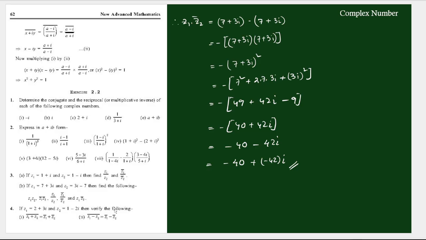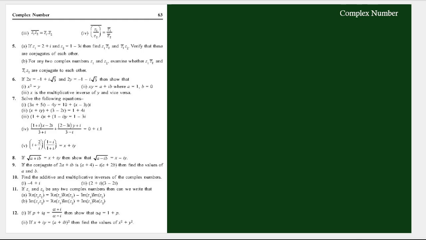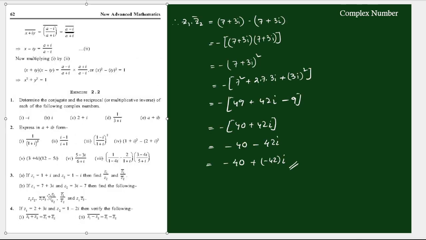Question 4, okay. Given that one, we need to verify. Okay, let's try to do that. Question number 4.